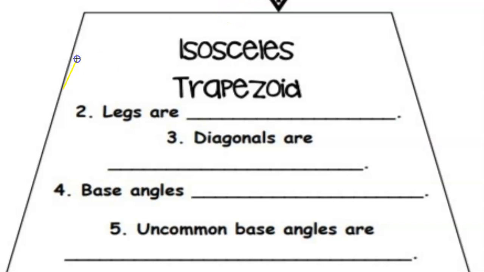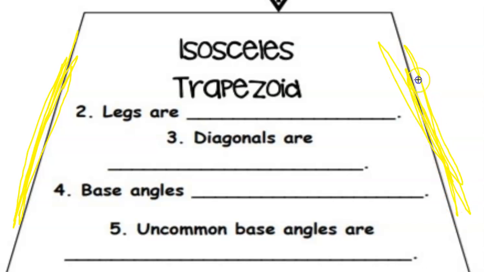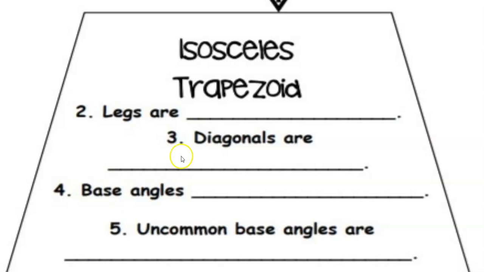So again, remember I made the legs yellow. This is a leg over here. This is a leg over here. They're the legs because they're not parallel. In an isosceles trapezoid, those 2 would be the same length. They are congruent. Okay, so let's turn that off and see if we can type right here. So legs are congruent. There we go. The diagonals of an isosceles trapezoid only, not every trapezoid, just an isosceles trapezoid, are also congruent.